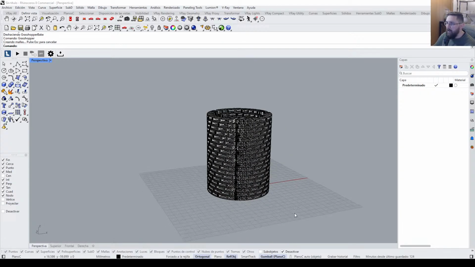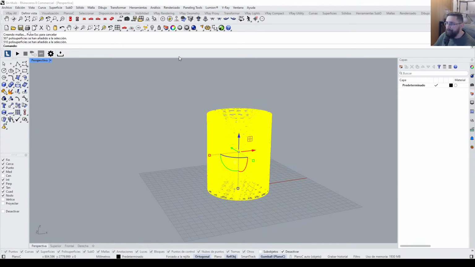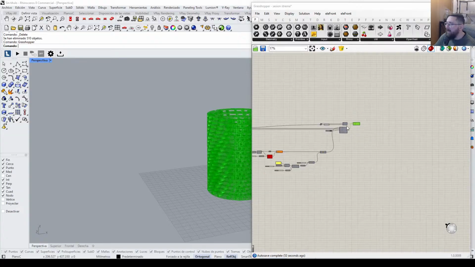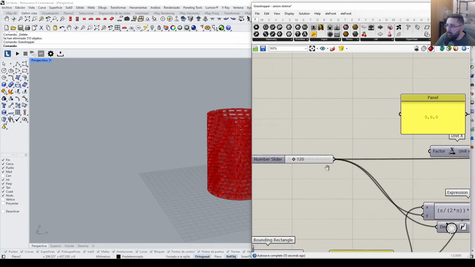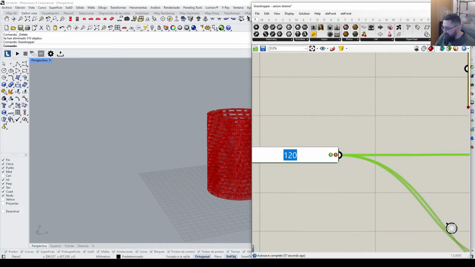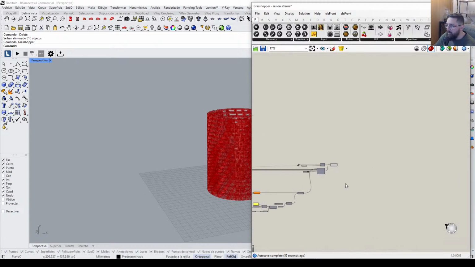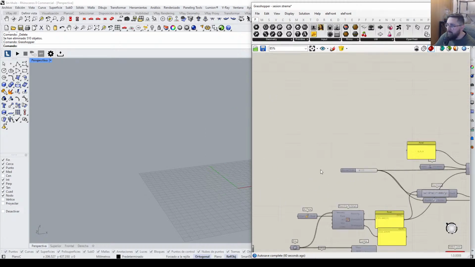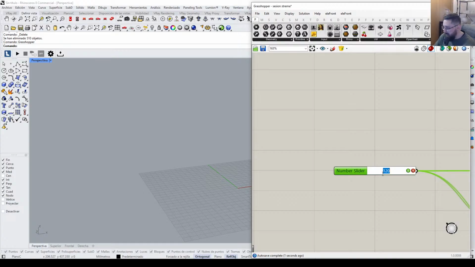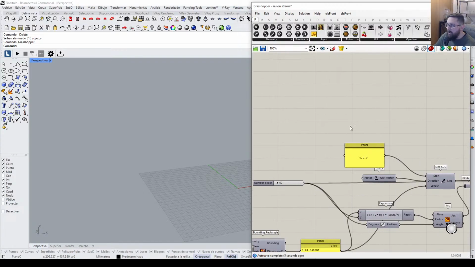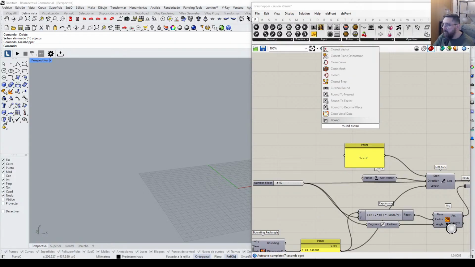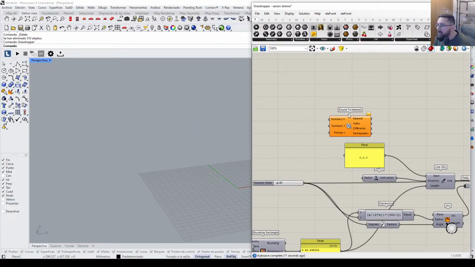That's not a bad idea. Okay, I'm going to try something out. Bear with me. I think I know what I'm doing. If I do 60, that's going to be too big. Okay, one sec. 60. Now the problem is round closest, round to nearest.